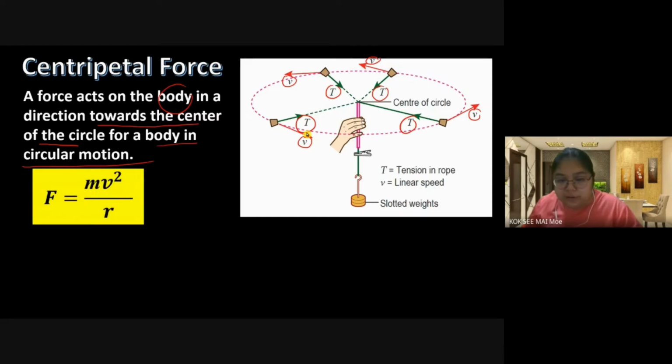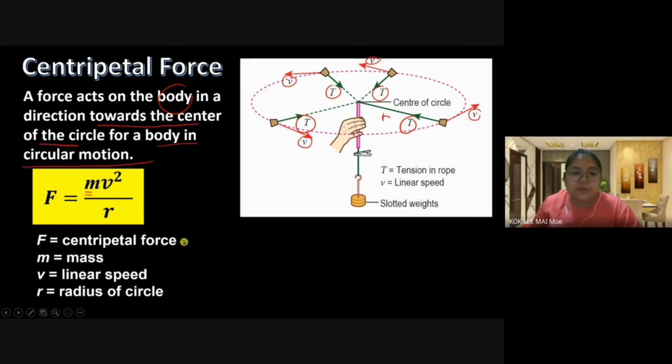So the formula for the centripetal force is F equals mv squared over r. m is the mass of the rubber stopper. v is the velocity of the rubber stopper, then squared. r is the radius, from the object to the center. So from here they explain centripetal force, mass, linear speed, and radius of the circle.